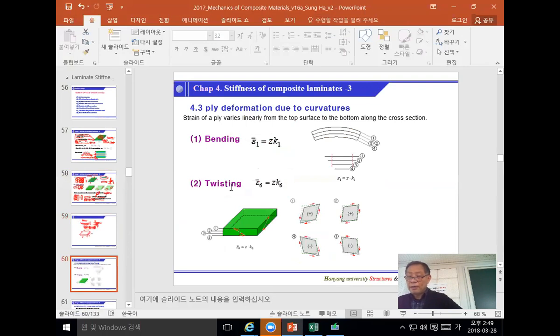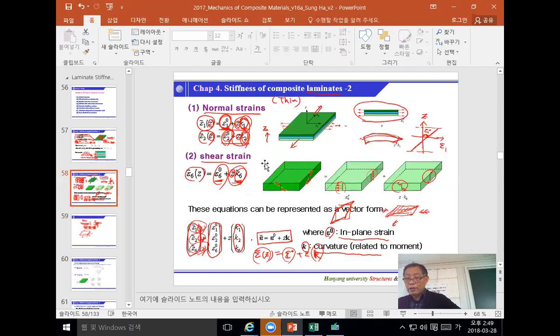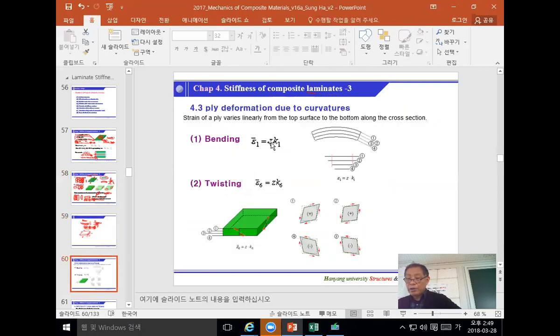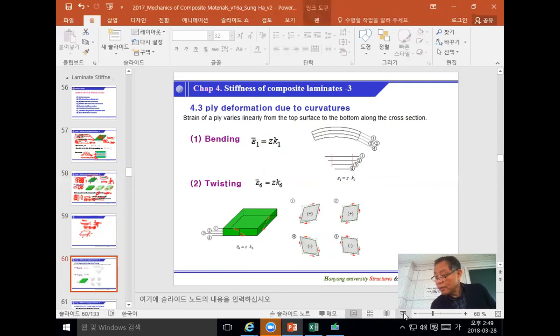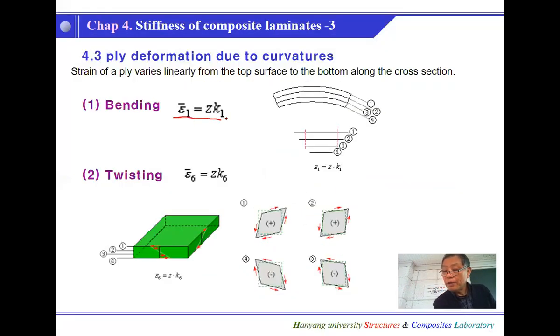What is the bending and twisting? So epsilon 1, this is the second term, showing linear variations. Epsilon 1 is zk1, epsilon 6 is zk6. We had epsilon 1 zero, but we neglect that term.